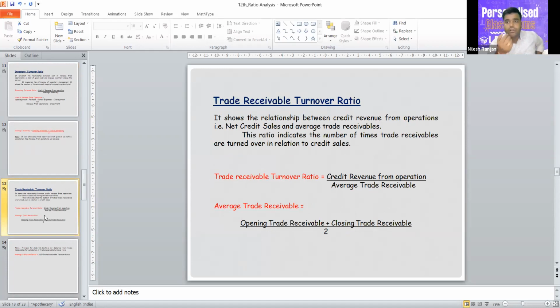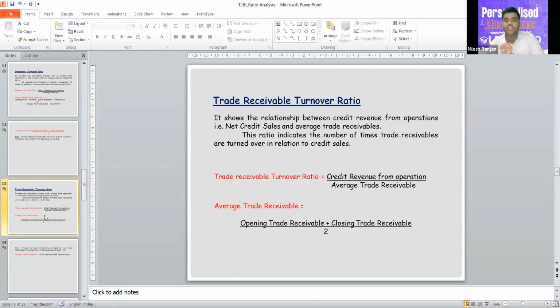And a debtor means a person to whom we have sold our goods on credit basis. So a debtor is basically related with credit sales. That's why we have taken credit revenue from operations here.